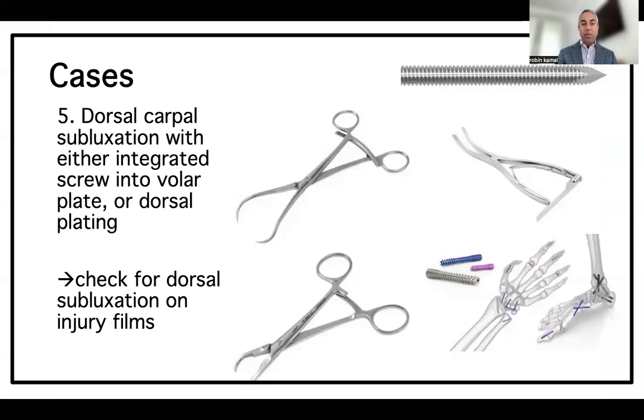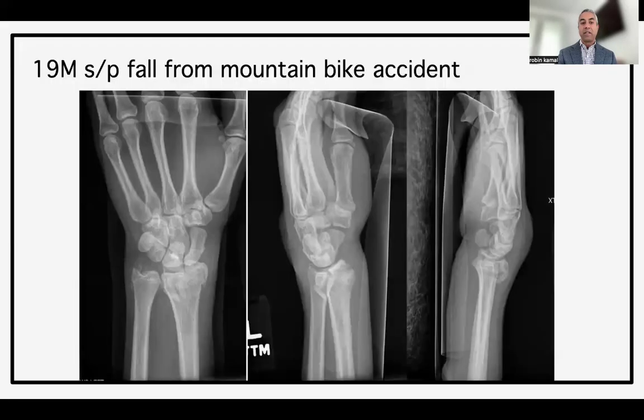If you have dorsal carpal subluxation, similar to when you have volar carpal subluxation, you need some sort of a specific implant to reduce and fix that and hold that fragment rigidly to prevent subluxation. So here's an example. Here's a 19-year-old male, mountain bike accident. You can see this intra-articular distal radius fracture. There's a small volar lunate facet fragment.